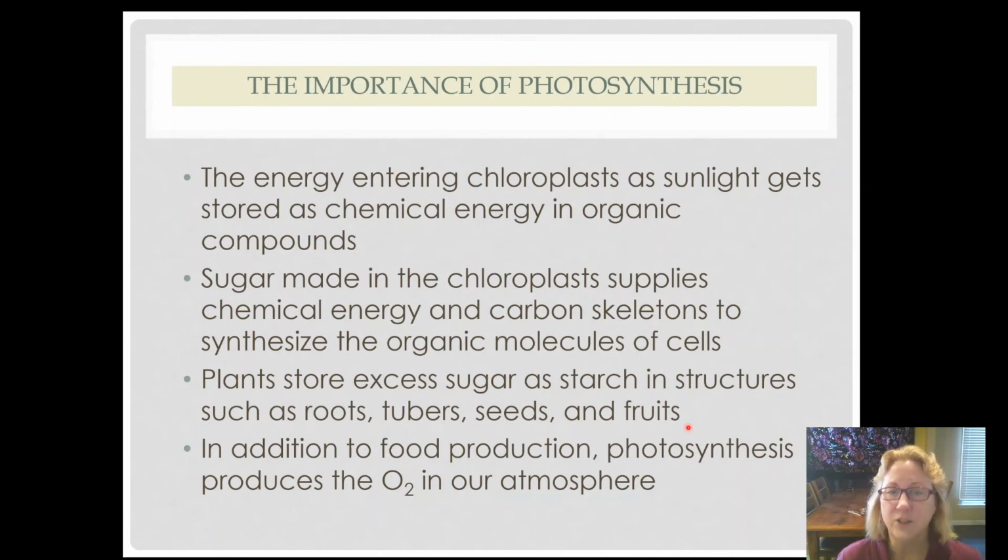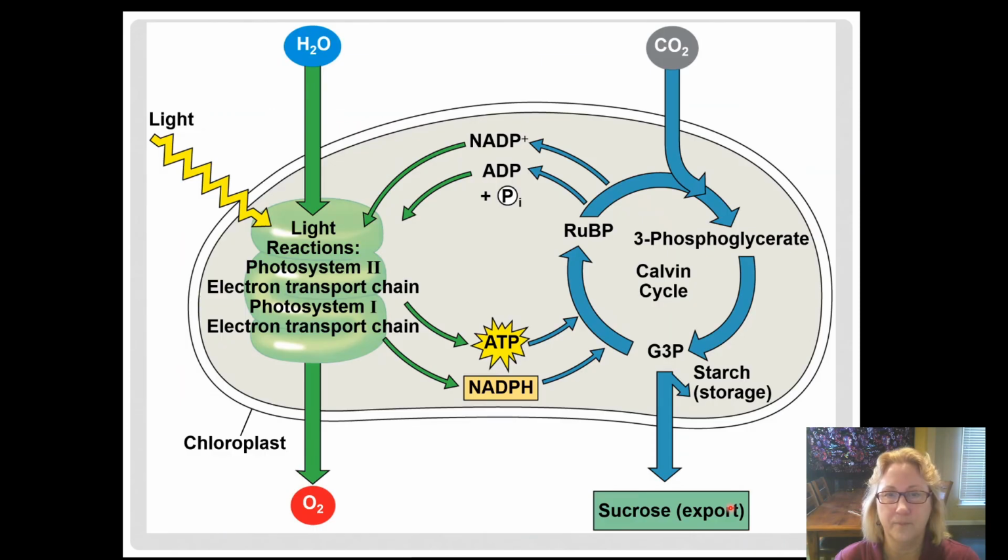So plants, just using this energy, can not only make carbohydrates, but they can make proteins, lipids, and nucleic acids as well, besides producing oxygen for our atmosphere. 100% of the oxygen in our atmosphere today is continuously being produced by photosynthetic organisms.